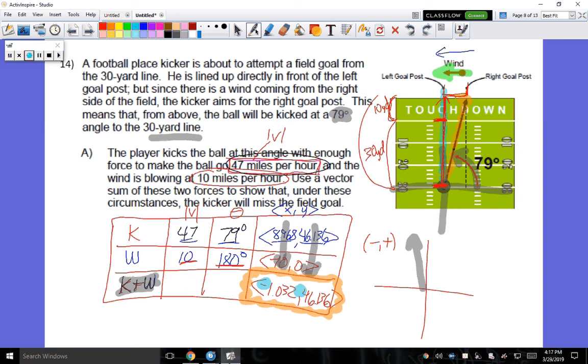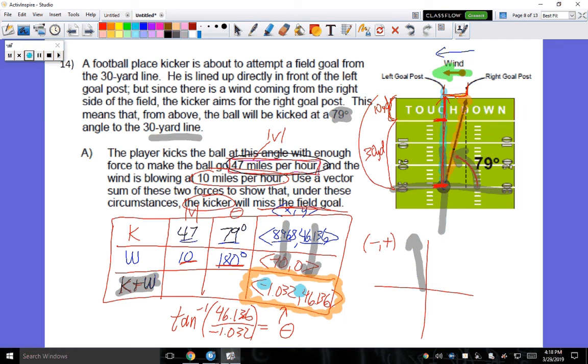Alright, so let's keep going because it says use a vector sum of the two forces to show that under the circumstances the kicker will miss the field goal. So in case you were not already convinced merely by this resultant vector, you can do the arctangent of the y over the x and see what directional angle it's actually going to have.